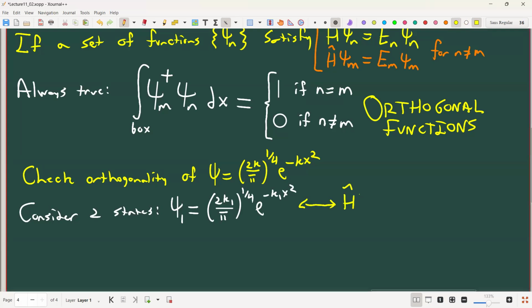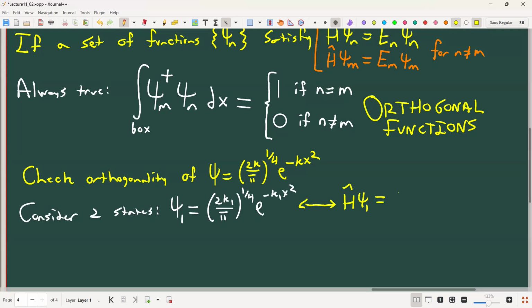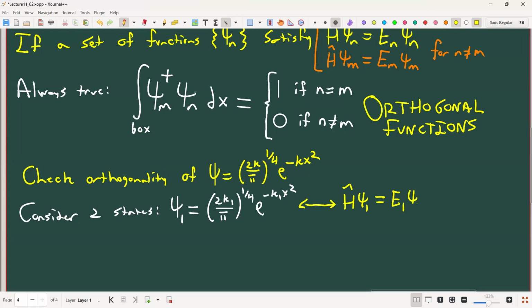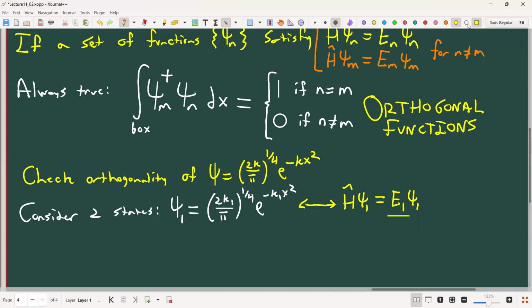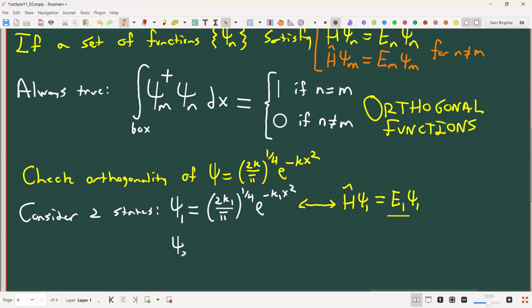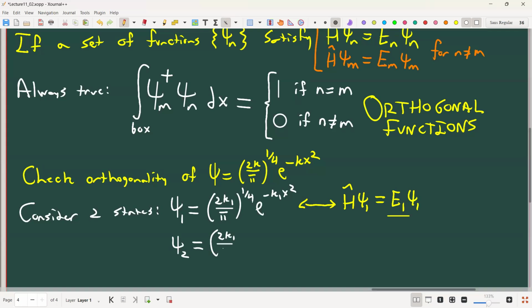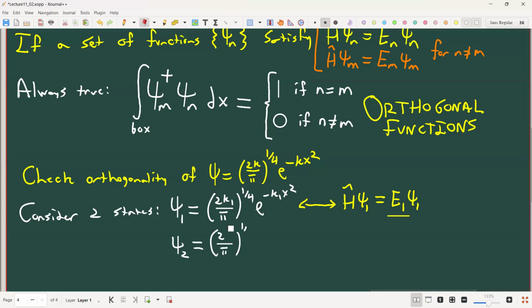When we apply the Hamiltonian to it, we get an energy E1 psi 1. Then we have another state psi 2, which has a k2 instead. It has a different value of this constant that sits on the outside, which leads to it having a different energy than state 1.